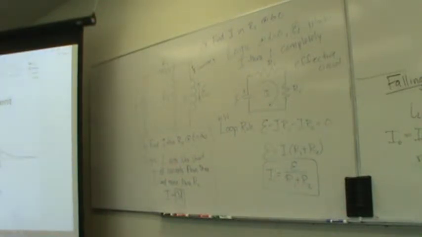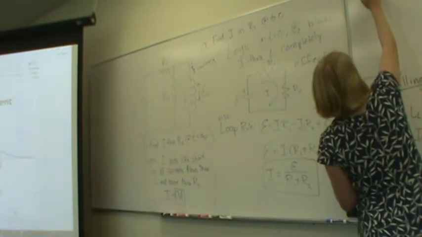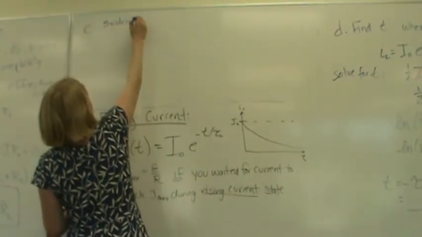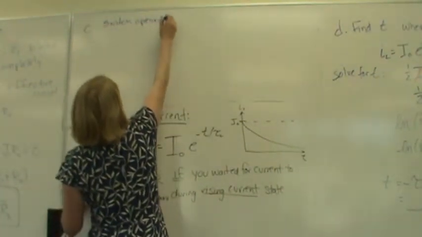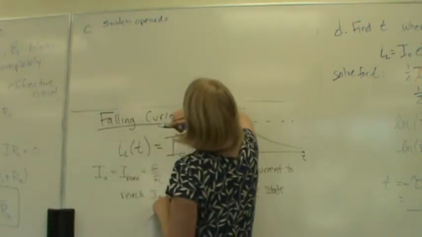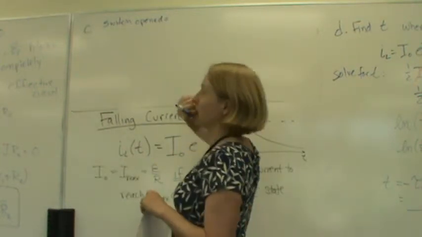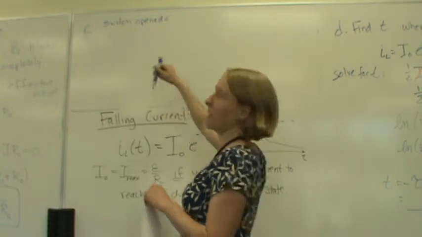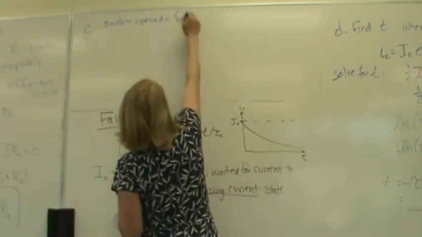Then a long time after the switch is closed, it's reopened. Find the current in R2 immediately after the switch opening. So part C, switch opened. What does that mean? There's no more current added, there's just whatever's in there. The current is decreasing, so we're in a falling current.